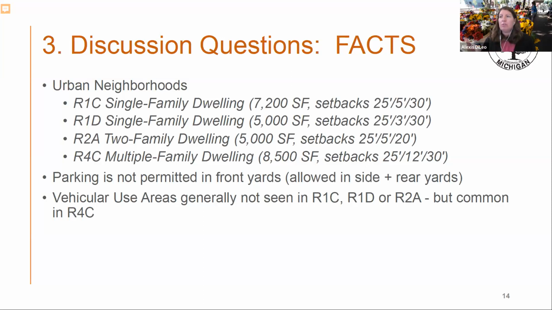So even though those are our urban neighborhoods, when you're talking about conflicting land use buffers on small parking lots in our urban areas, we're only talking about R4C, because those are the places that might have 4 dwelling units on the lot, and they might want 4 or 6 spaces for surface parking.